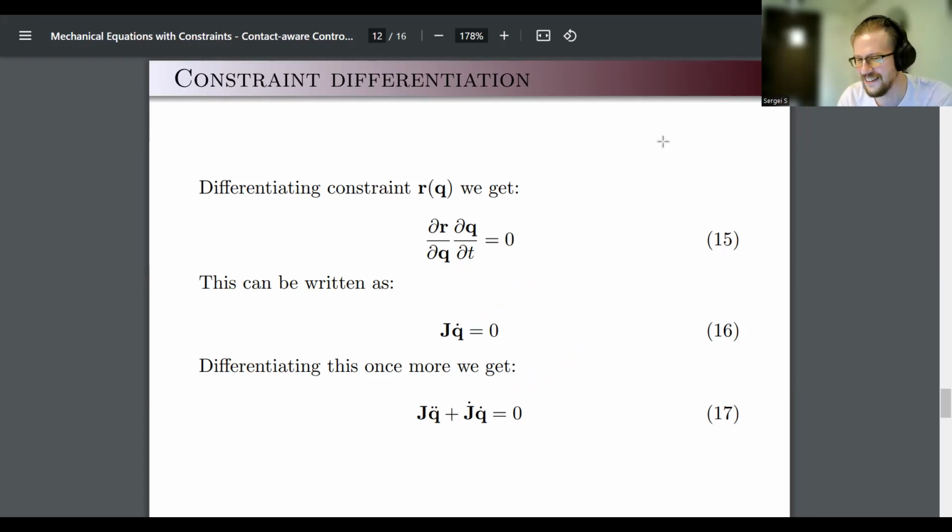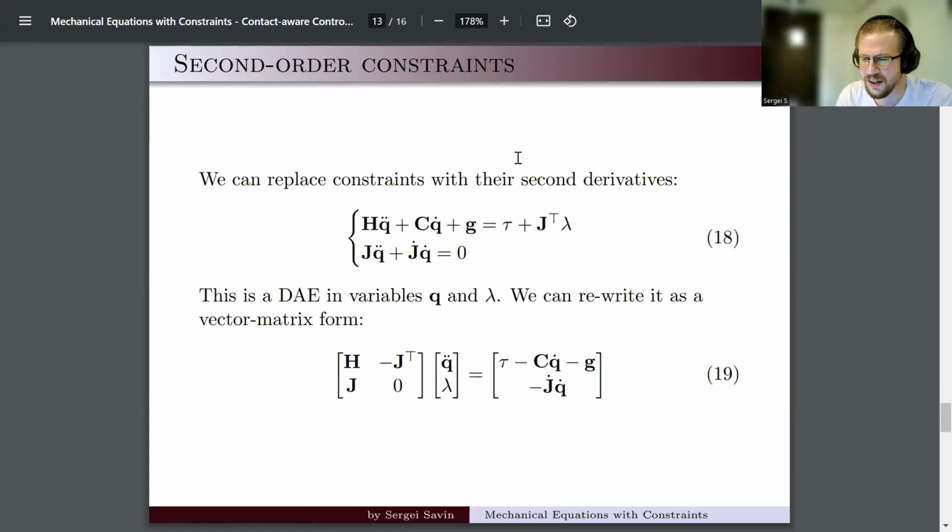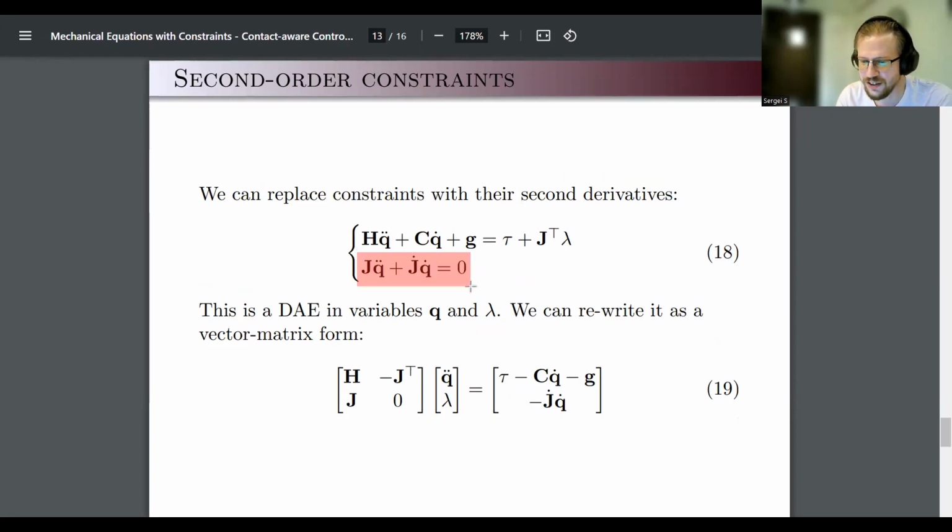Okay, good. Now, we could replace our constraints on position here with our constraints on acceleration, and there is a good reason why.